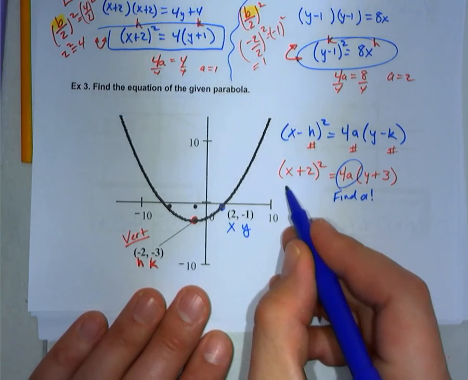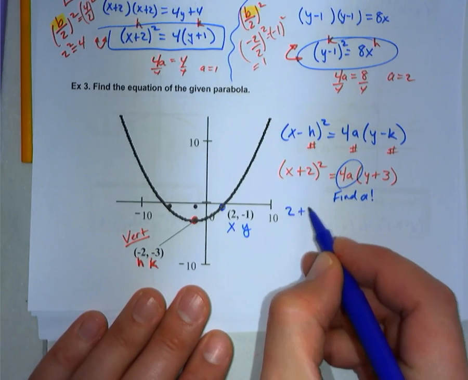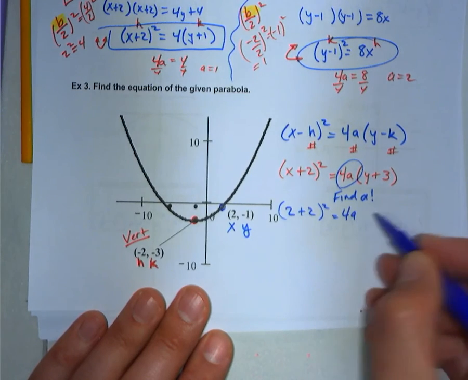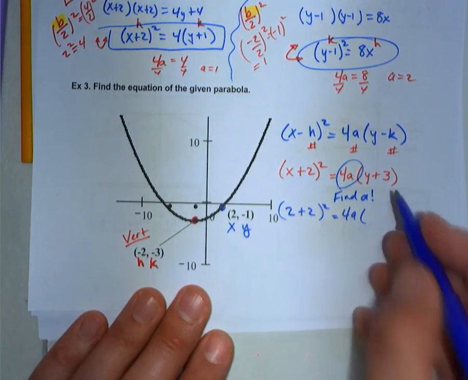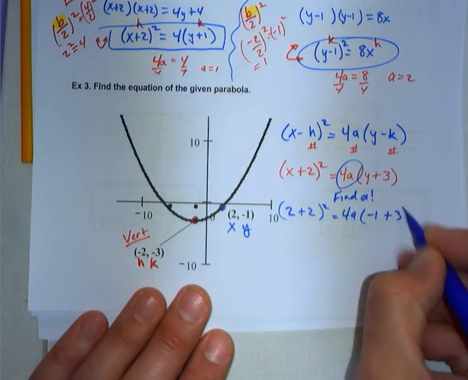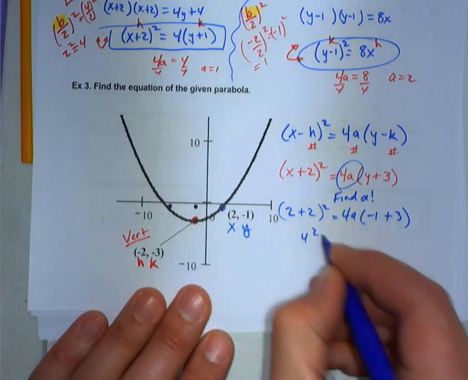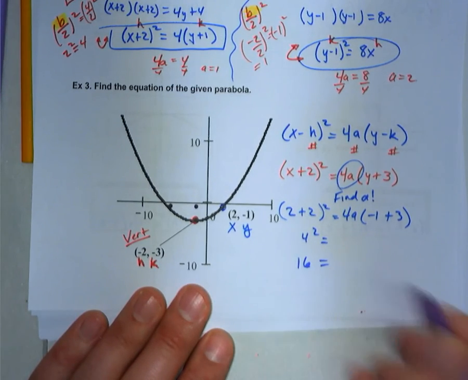So now we can plug in this point here and here. X is 2, so I've got 2 plus 2, squared, equals 4a, y is negative 1 plus 3. And now we just do a little algebra here. What's 2 plus 2? 4, squared is 16.